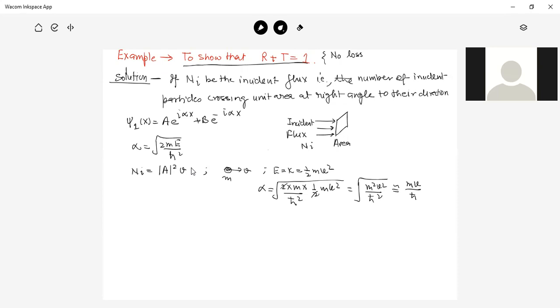So the velocity v is equal to alpha h cross over m.